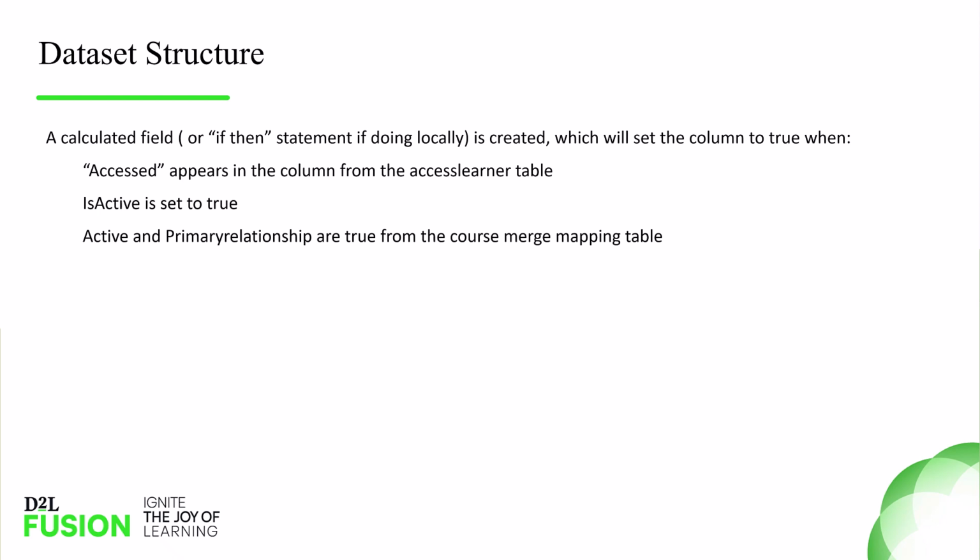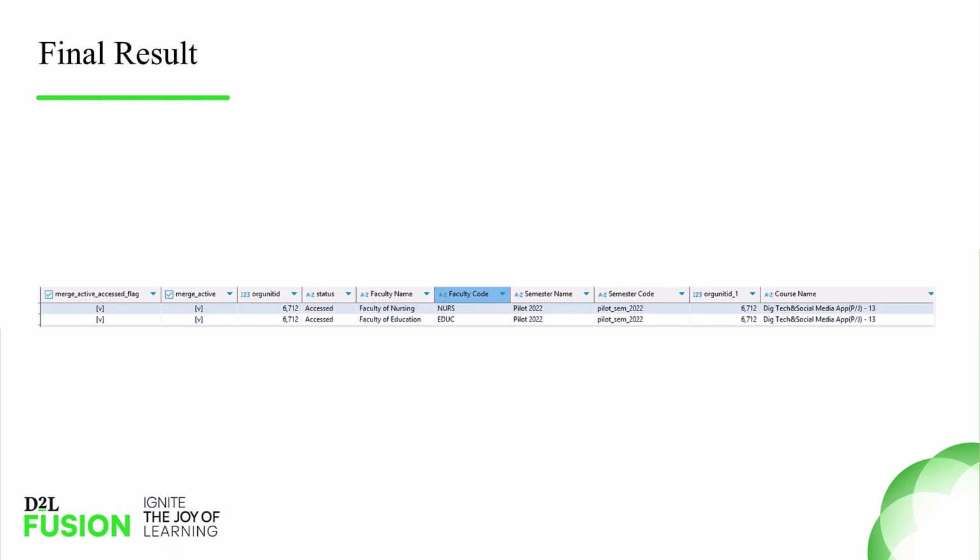Or the active and primary relationship are true from the course merge mapping table. And you'll see the final result here. You see there's a merge accessed active access flag at the far left, which again looks for those flags that I mentioned earlier.